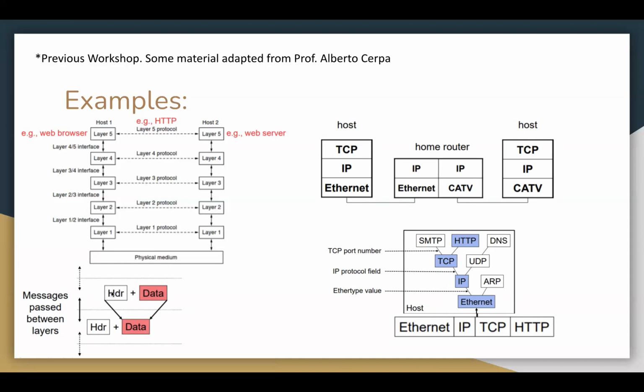Each layer has a header, which tells you what protocol it is. For example, if you look on the right here, either SMTP or HTTP or DNS. So it tells you which protocol and any other attributes of that protocol.